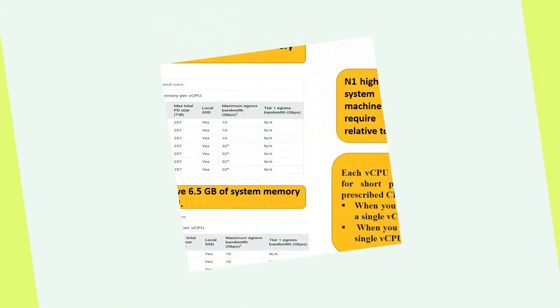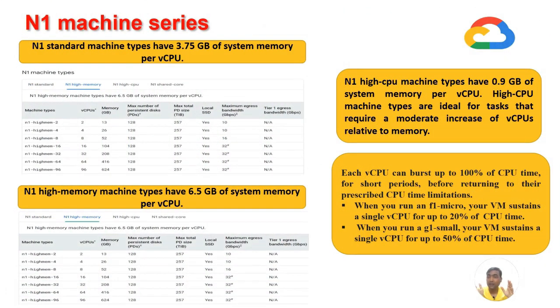Guys, as you can see here, the N1 machine series has N1 standard machine types, N1 high memory machine types, and N1 high CPU machine types. N1 standard machine types have 3.75 GB of system memory per vCPU, N1 high memory machine types have 6.5 GB of system memory per vCPU, and N1 high CPU machine types have 0.9 GB of system memory per vCPU.